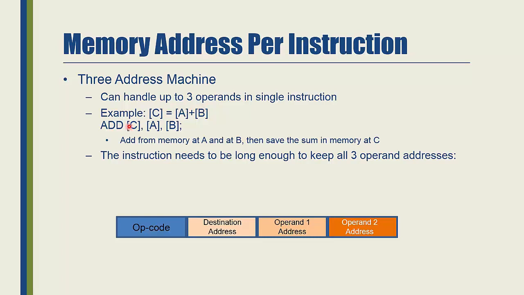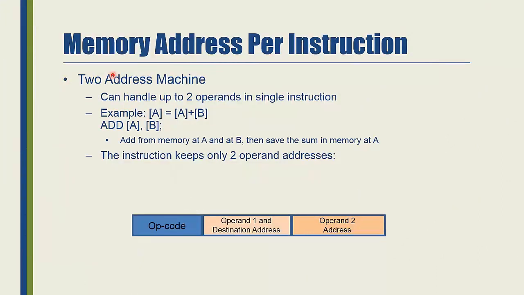In assembly code, this can be written as add A and B and keep in C. The opcode has to be large enough to keep all 3 operands, the destination operand, operand 1 and operand 2, and the opcode itself to tell what we want to do to the operands.